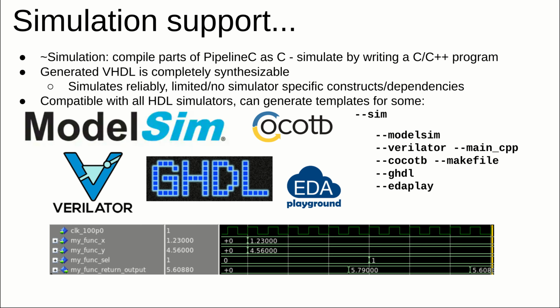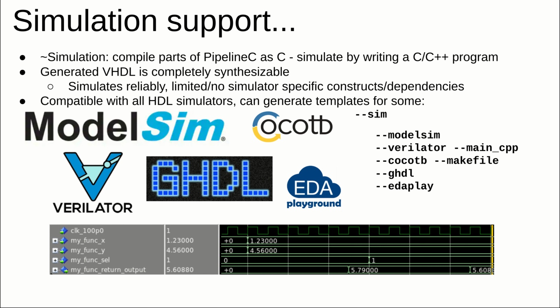So what kind of simulation support does PipelineC have? First off, it's encouraged to compile some of this C just with a C compiler. That math function from before, you could easily get that to compile with a C compiler and do all sorts of tests and test vector generation and checking.